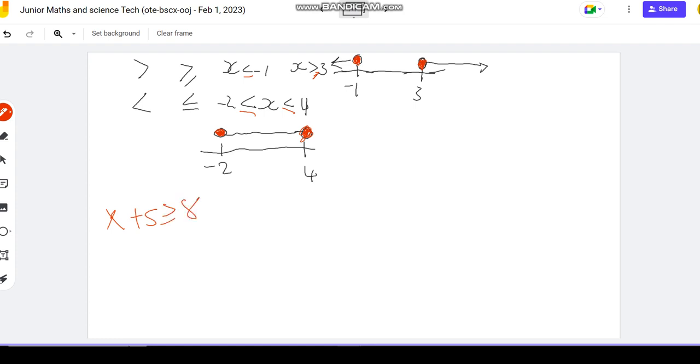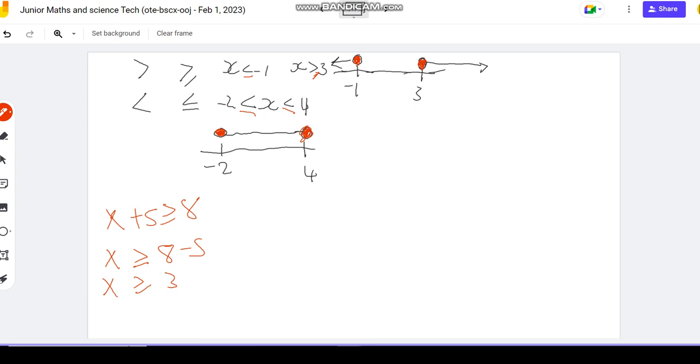So what you need to do here is take 5 to the other side of the equation, and then you just have 8 minus 5, and x will just be 3, and then you're done.